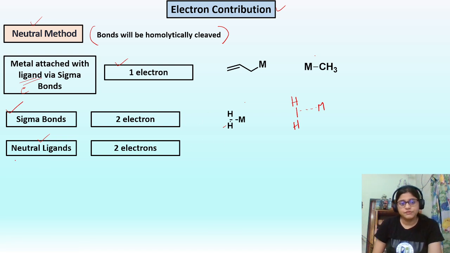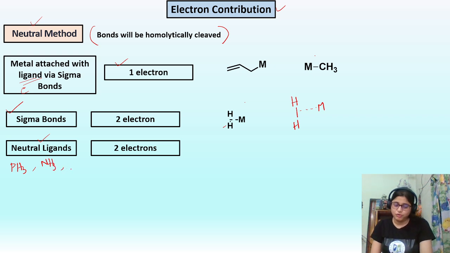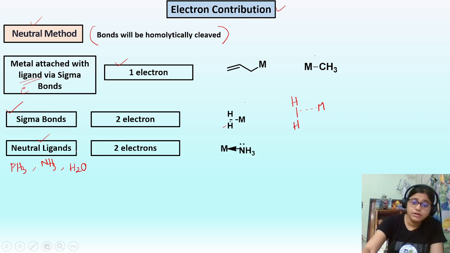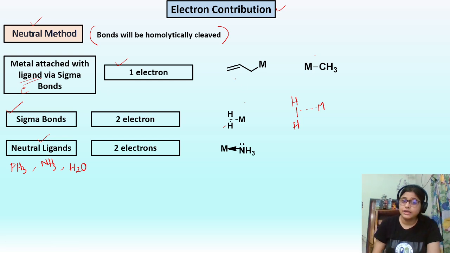If you remember, PH3, NH3 and, let's say, H2O appear in more questions. In that case you have to consider two electrons, because they are contributing through the lone pair. There is no positive or negative charge, so they are contributing through the lone pair. A lone pair has two electrons, so two electrons.